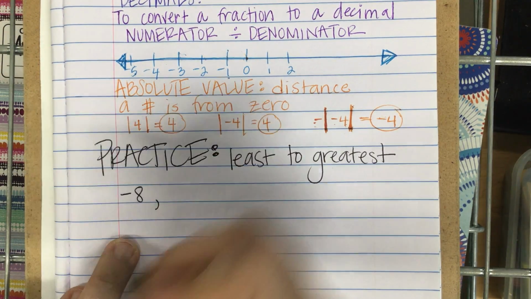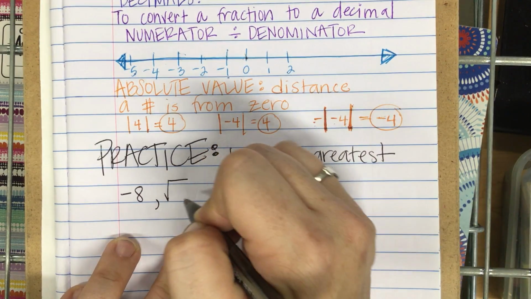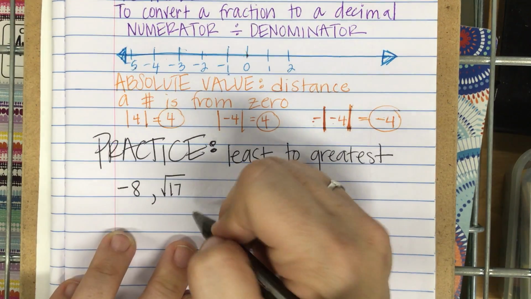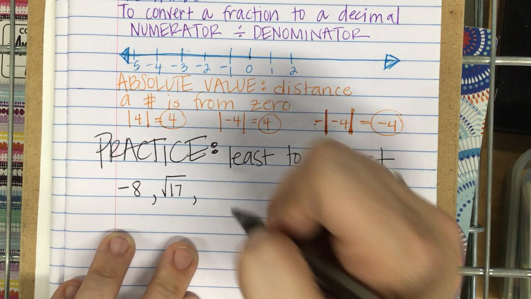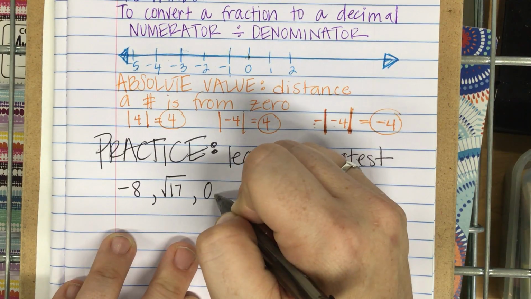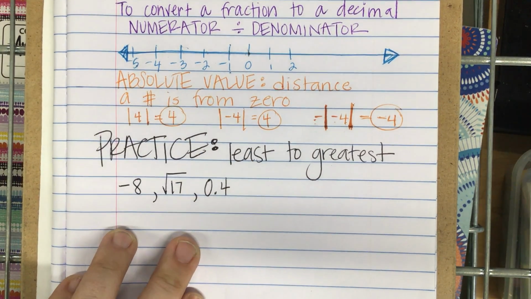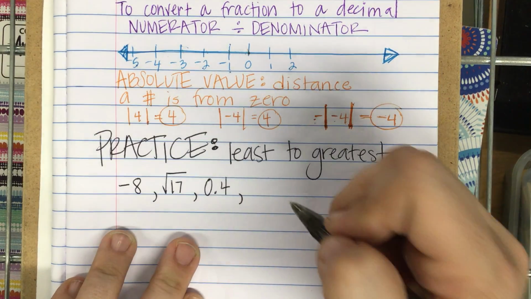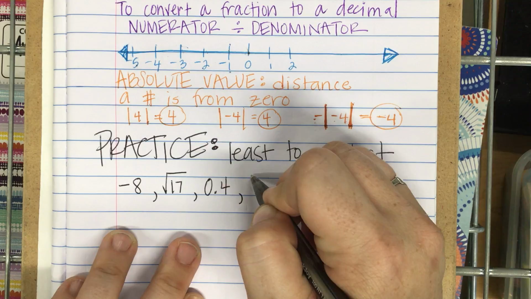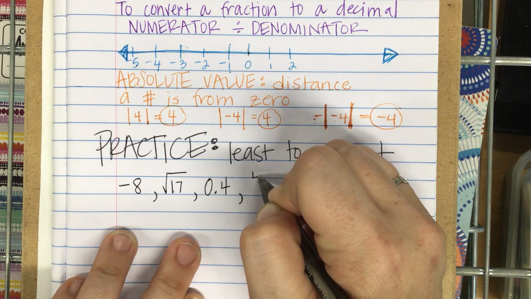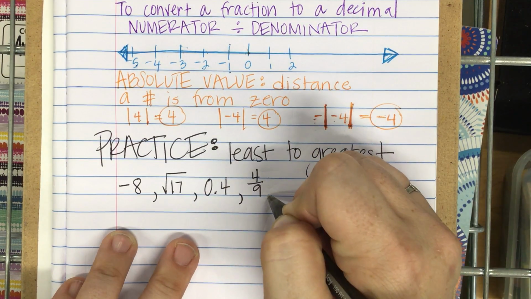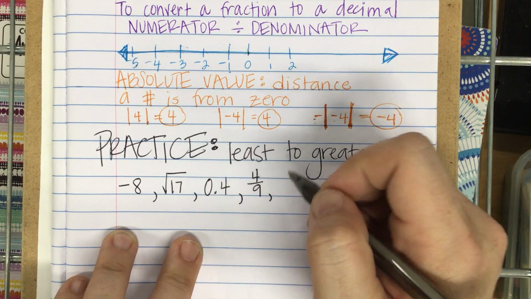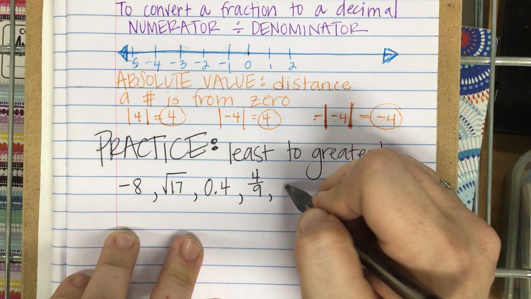Then I'm going to give you the square root of 17, then 0.4. Next will be 4/9. Then I will do pi.